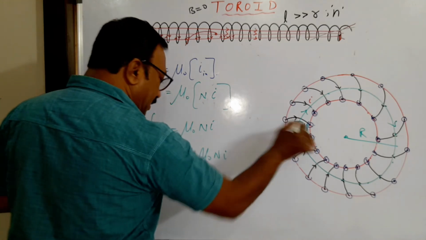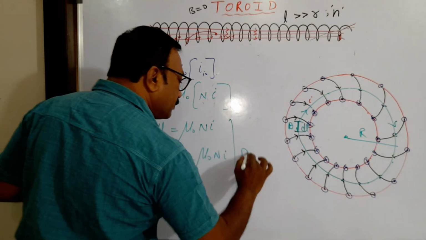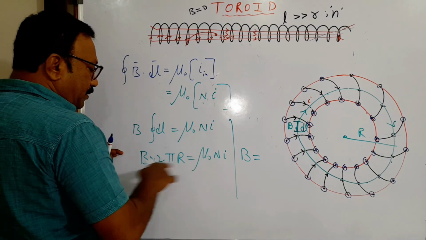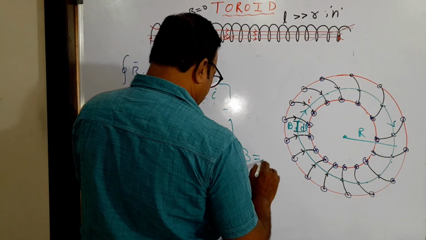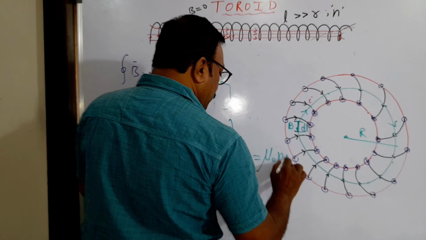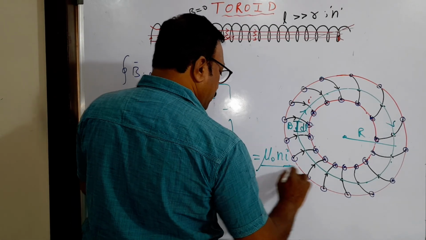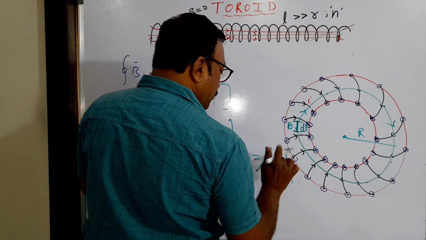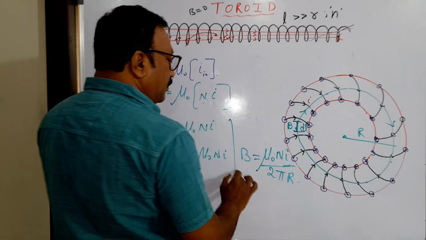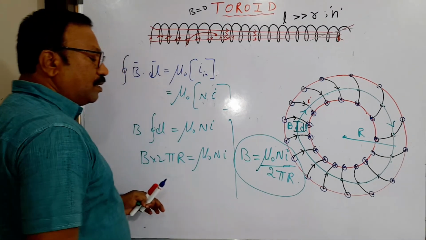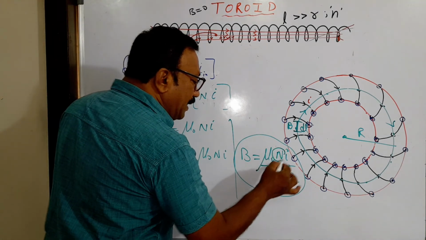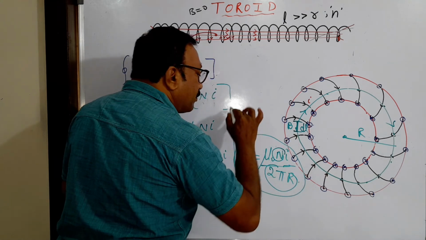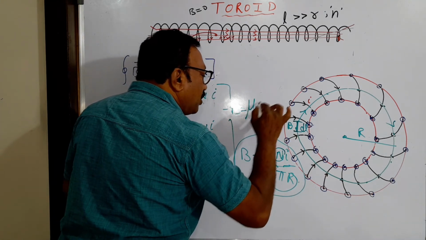What is B here now? B is equal to mu naught N i by 2 pi r. That's all. This is written as n, divided by the length of the loop, then that becomes mu naught n i.